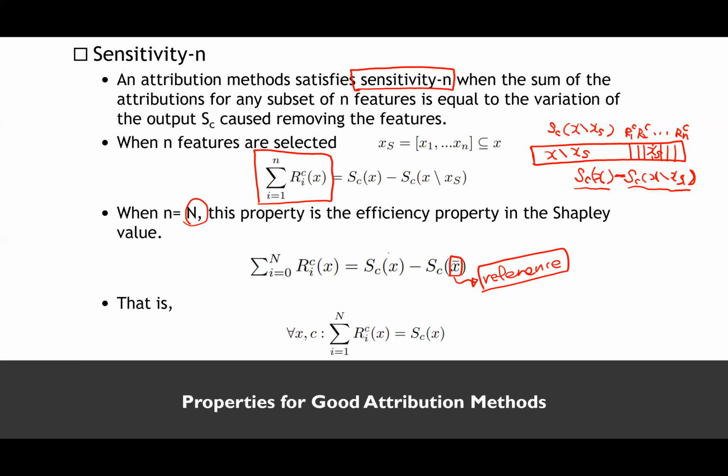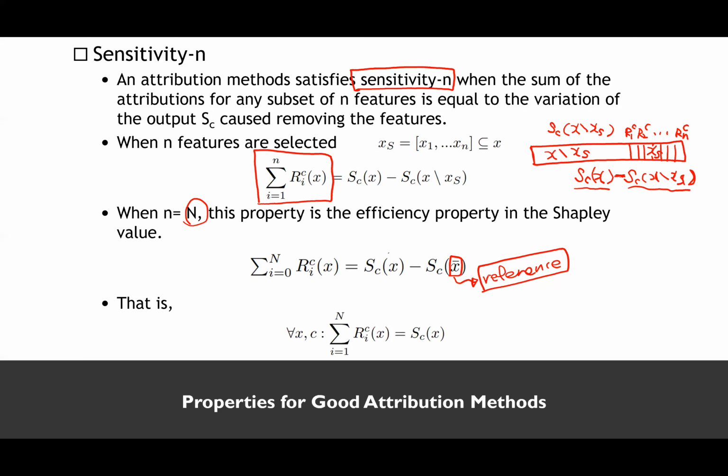When x bar can be recovered from the Shapley value, then this is the efficiency property in the Shapley value. Because we didn't define the Shapley value formally, I will just say that this is an important property, the efficiency property.